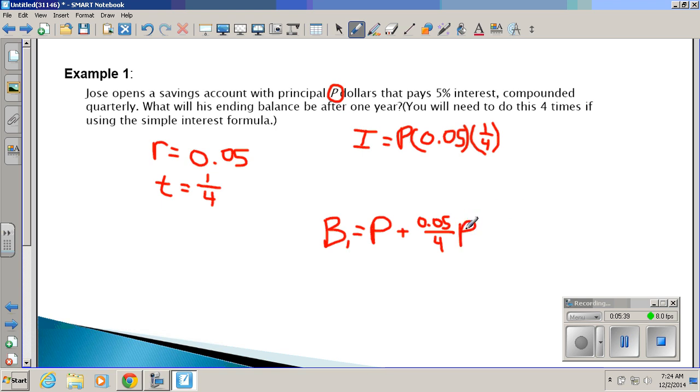So notice I have P in it twice. This right here is his interest. This right here is the principal he started with. So you take what he started with plus how much interest he earned, and that's his new balance for the first quarter.